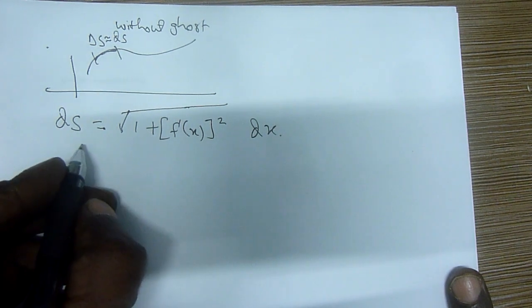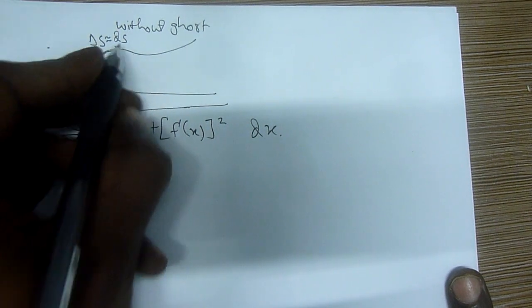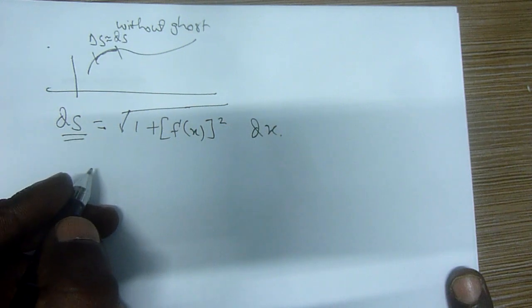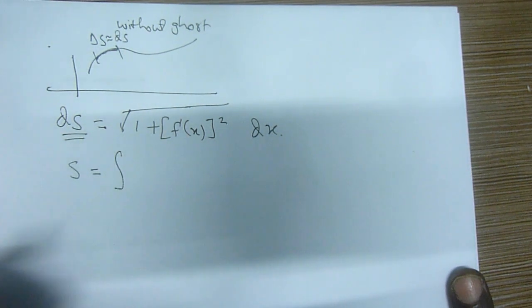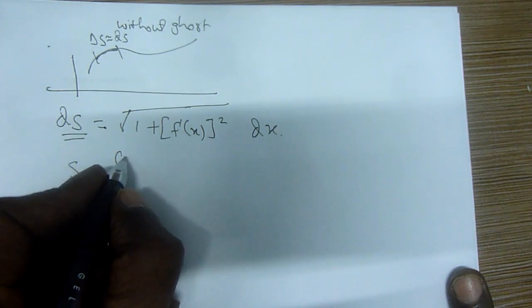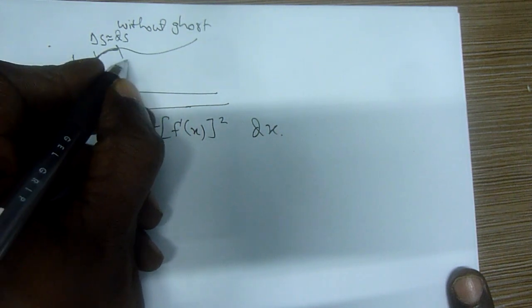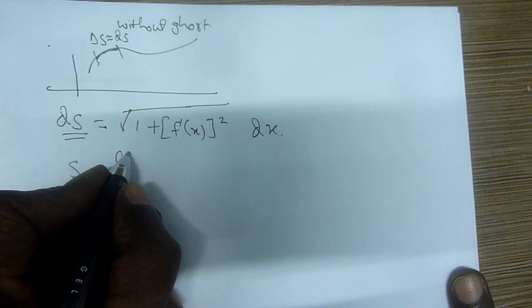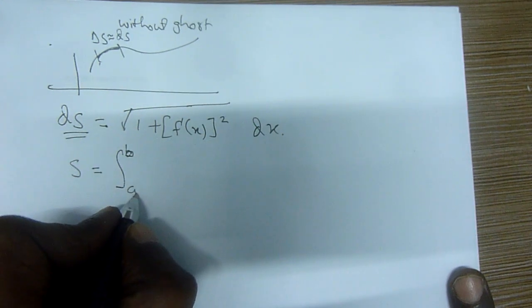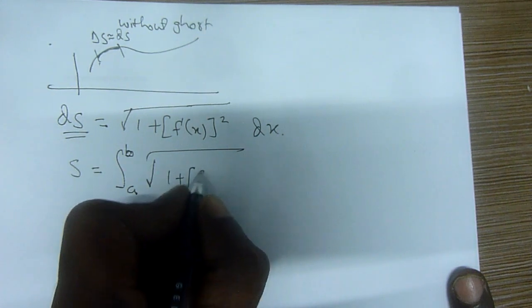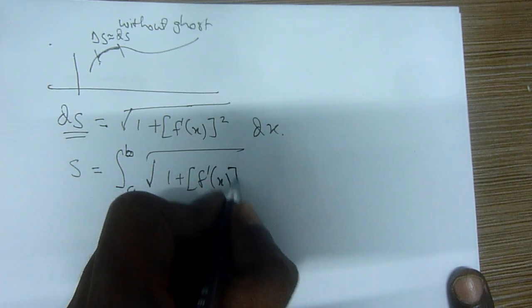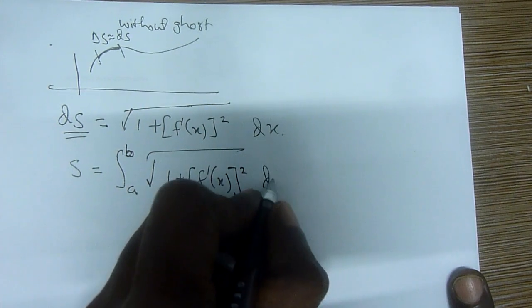If I wanted to calculate ds for the small case, how do I calculate s? s can be calculated by integrating, maybe from a to b, the equation with f prime of x, dx.